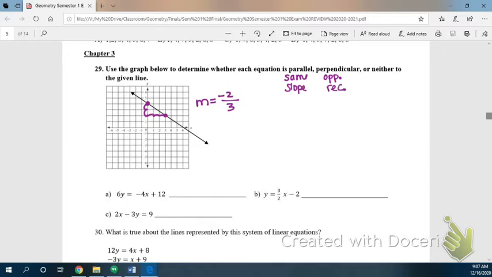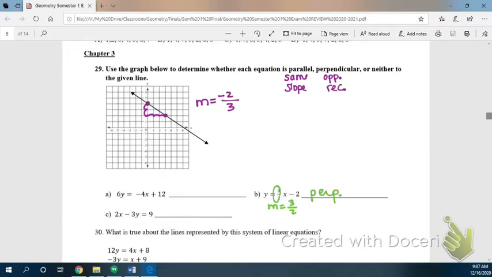We need to check the slopes of the lines given. If I look at B, the slope of that line is already given to me, y equals mx plus b. It's 3 over 2. If I have 2/3 and compare it to 3 over 2, one's positive, one's negative, and they are flipped. So this is opposite reciprocal, which means it is perpendicular.